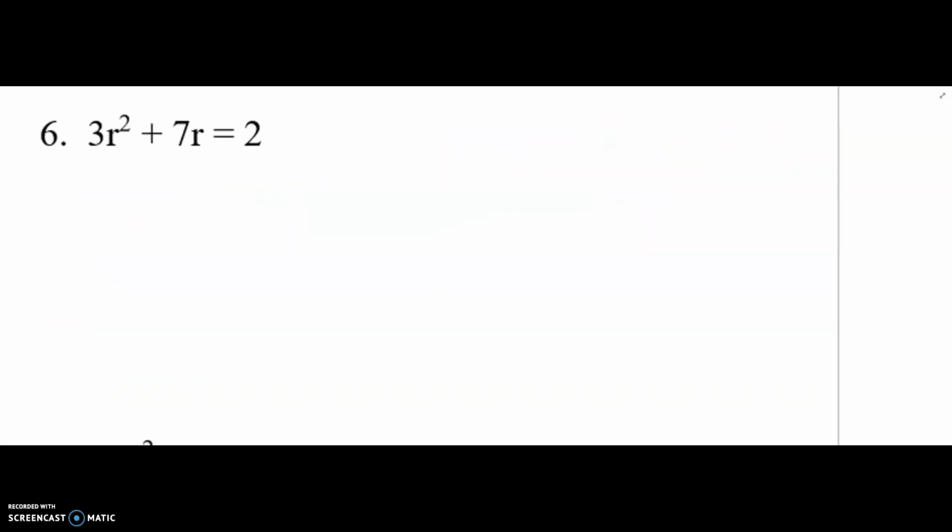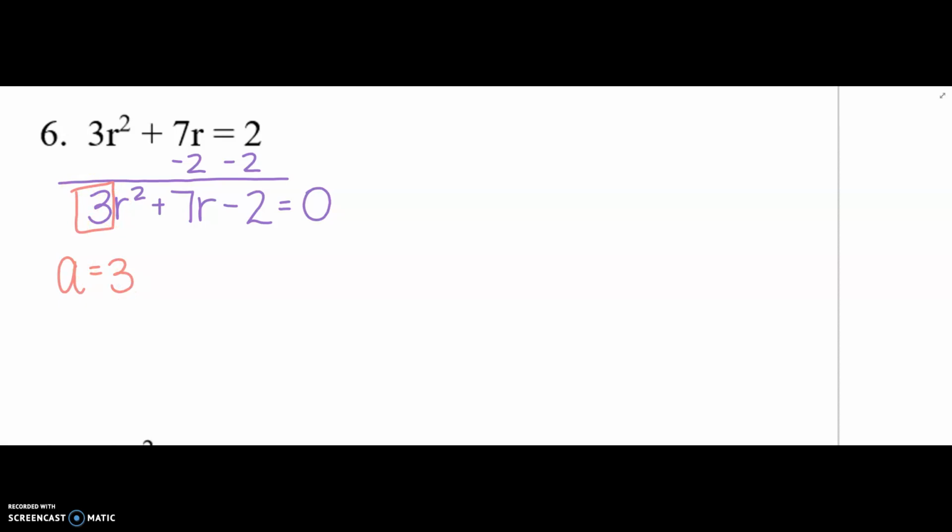All right, now moving on to number 6. Remember, we have to get number 6 in standard form as well. So we'll subtract 2 from both sides so that we have 3r squared plus 7r minus 2 equals 0. Now I'll label my a, which is 3, my b, which is 7, and my c, which is -2.